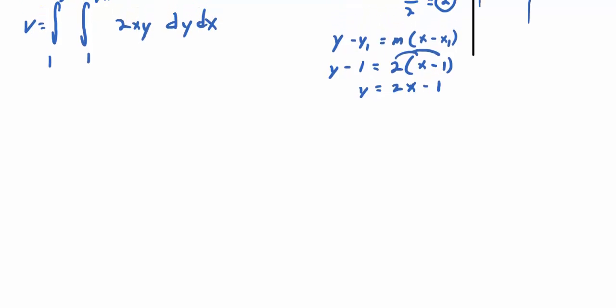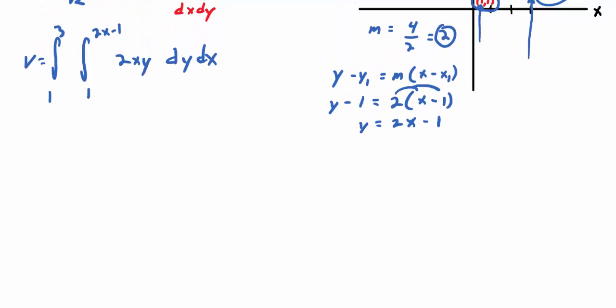So let's evaluate the inner integral first. Integrate 2xy with respect to y. You get 2x times y squared over 2. The 2's will cancel.